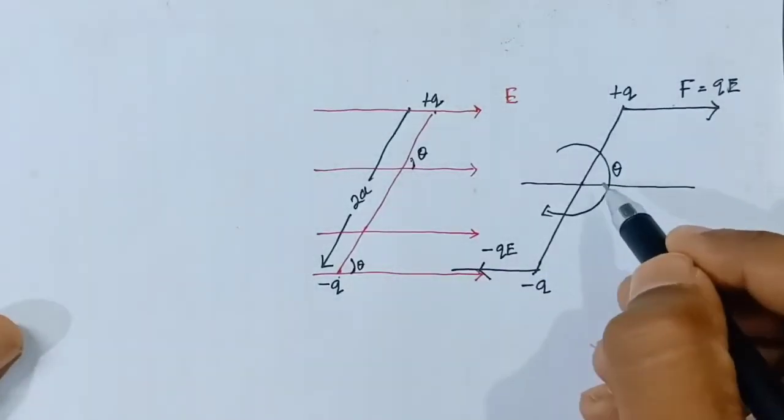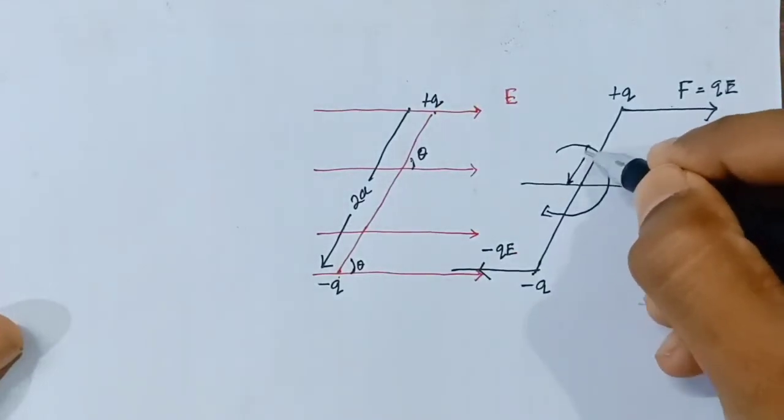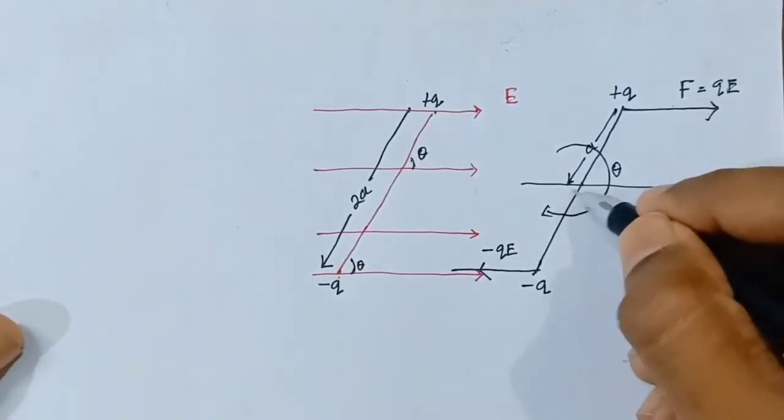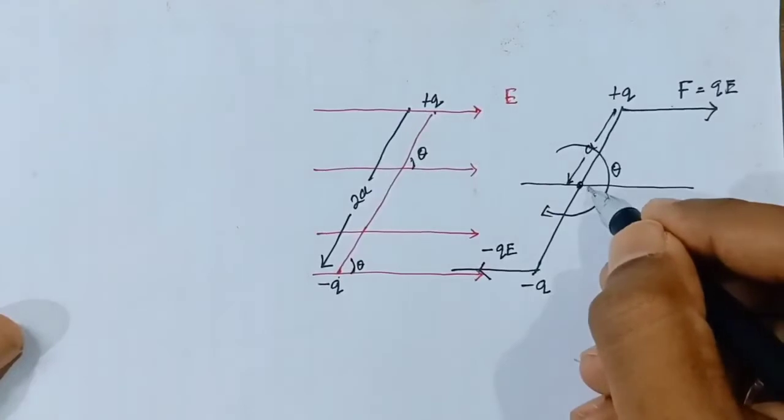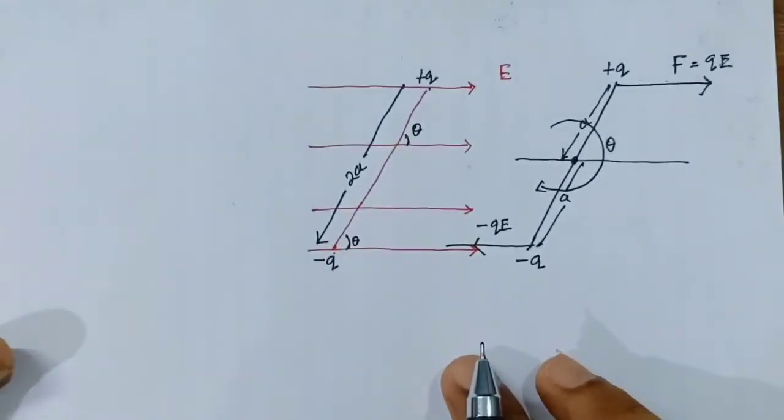Look at the point of the center of mass. If the length is 2a, the center of mass is exactly at the midpoint, and this is the point I am considering. This distance is a, and I know the expression of the torque.